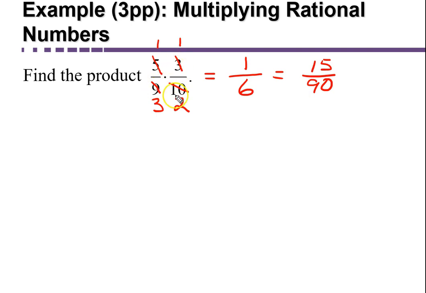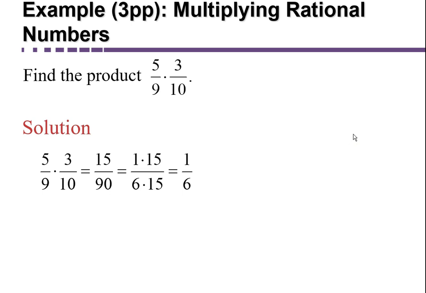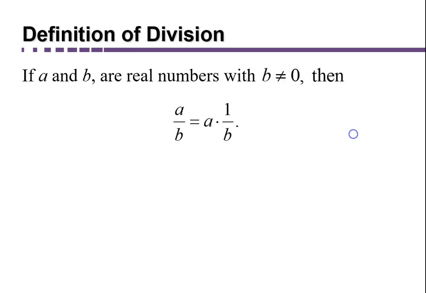But if you do the cross-canceling first, then once you get a result, you can't take anything out of this anymore. You've taken it out through cross-canceling. It's what we've illustrated there. And they're showing it the long way. I like the short way.